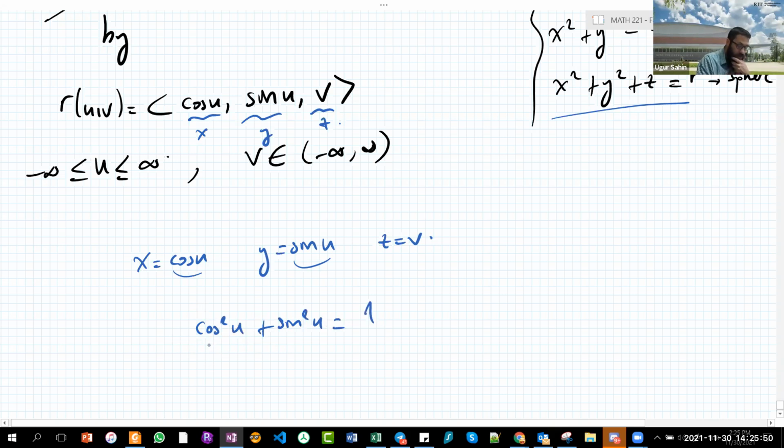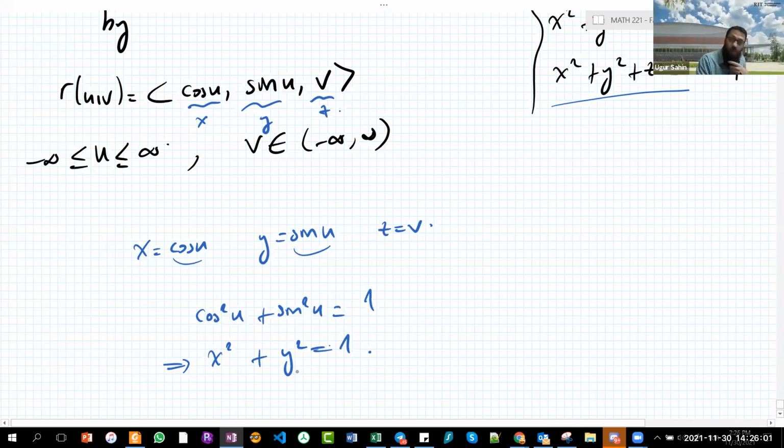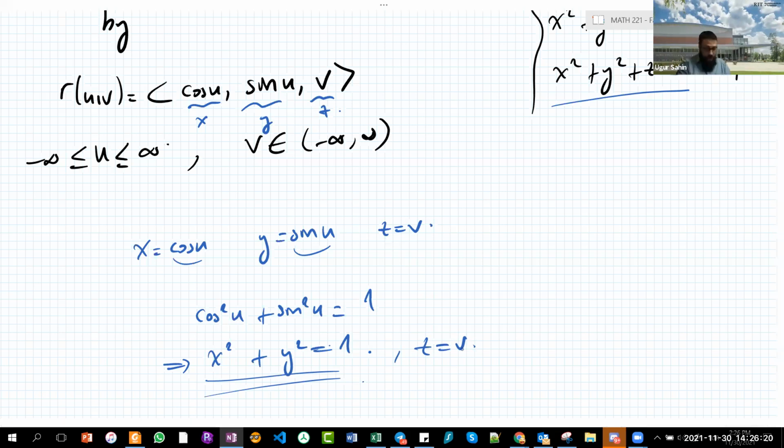I know that cosine u is equal to x, and sine u is equal to y. As you see, now I eliminated the u parameter, and now I have this equation. But still for z equals v, I have this question: can I relate z to x and y? Can I eliminate the v parameter?